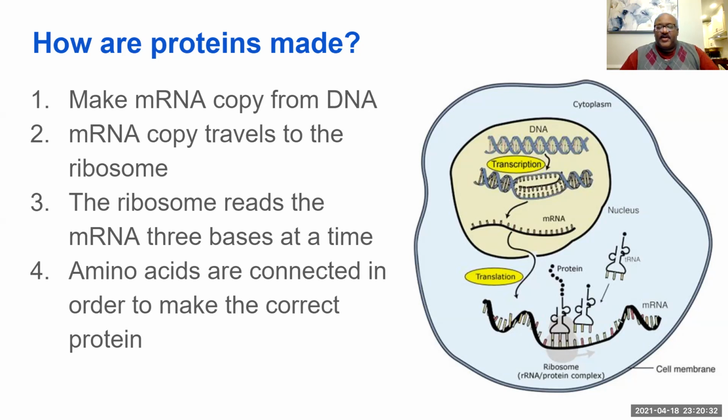They have different terminologies for the same thing. The messenger RNA, or mRNA, is what goes to the ribosome, and the ribosome reads the mRNA 3 bases at a time. They call them triplets or codons. Then they take each codon and it corresponds with an amino acid, and then they connect the amino acids together.